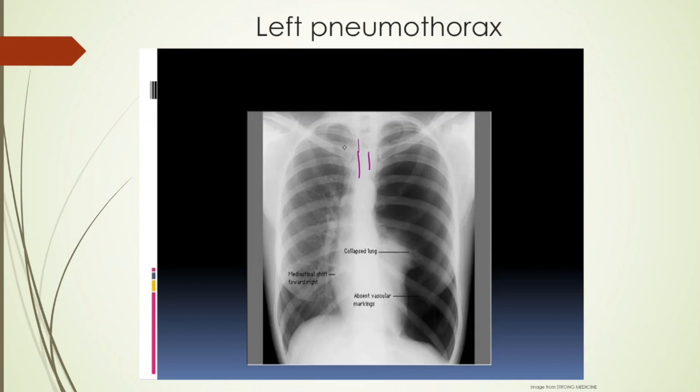So you can also go by the ribs, and you can see this is the first rib here, coming up there, kind of cut off a little bit. Same thing on this side. This is the second rib. So if you count the ribs down, they should correspond to the vertebral bodies.